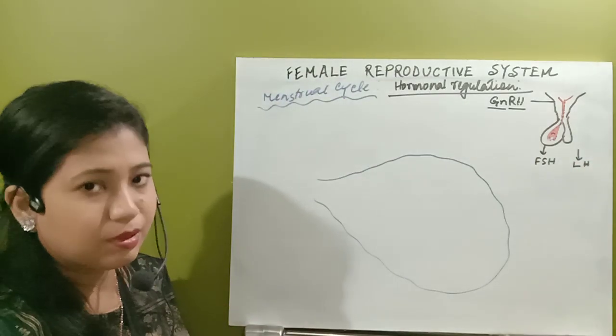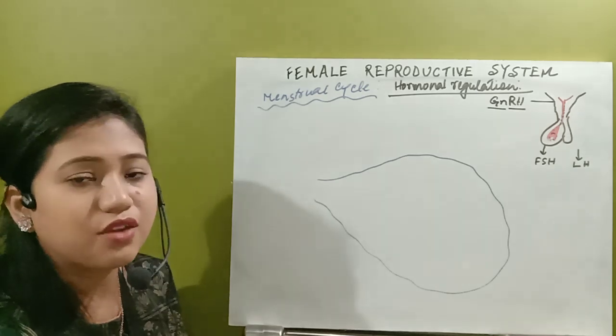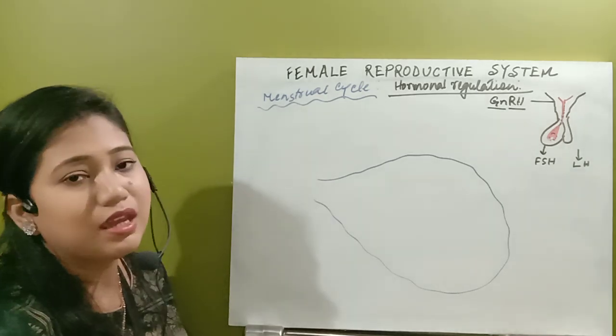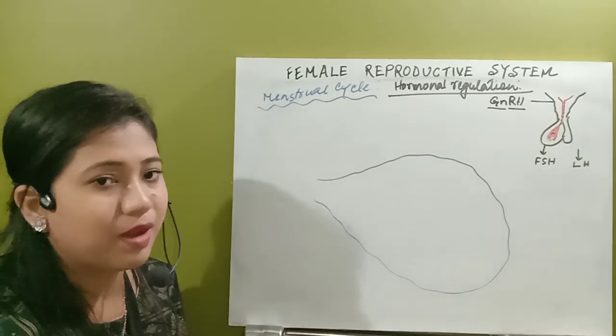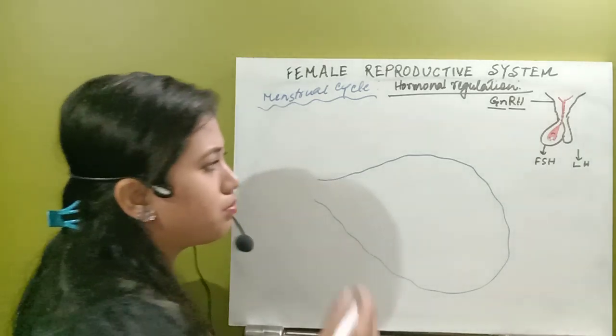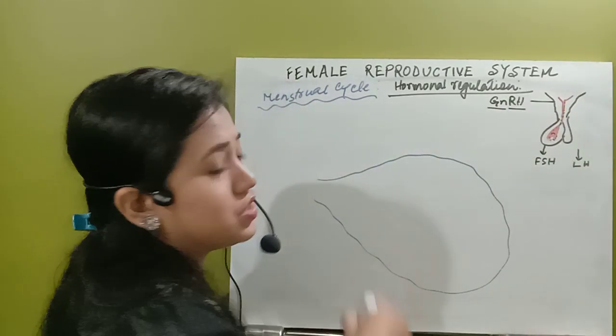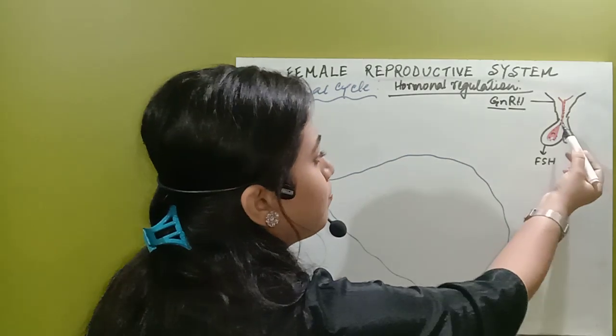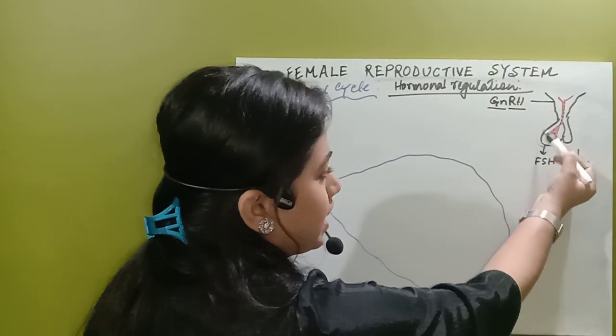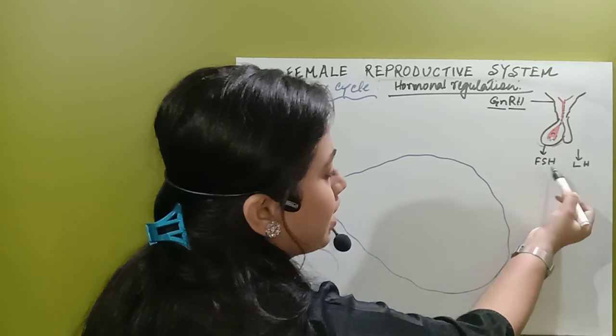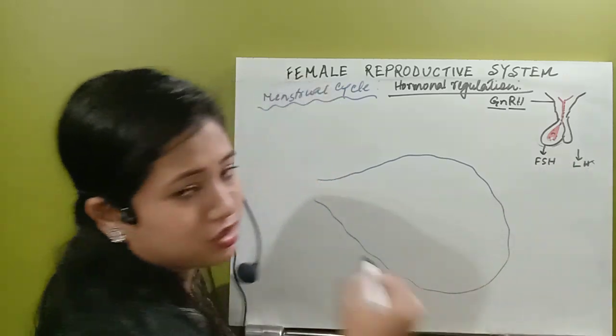First of all, we'll see the cyclic changes that will occur, and later on we'll see which hormone will be inhibited by which hormone. But first, under the influence of GnRH, the anterior pituitary will release FSH, not LH now.